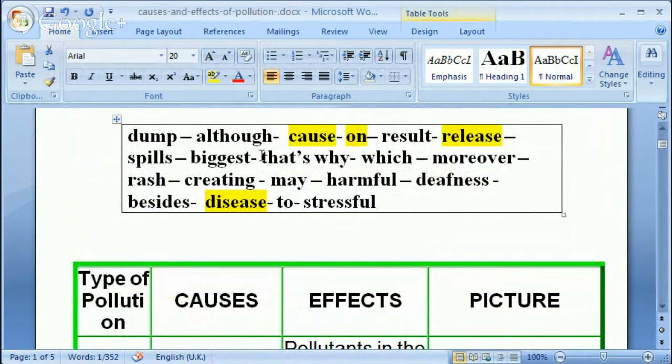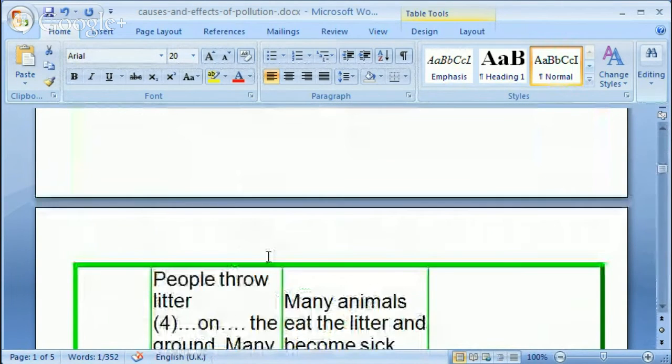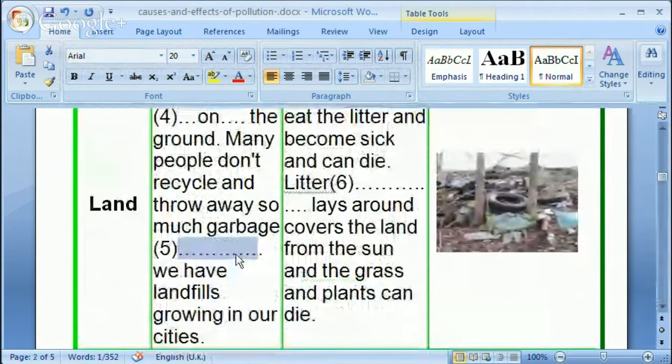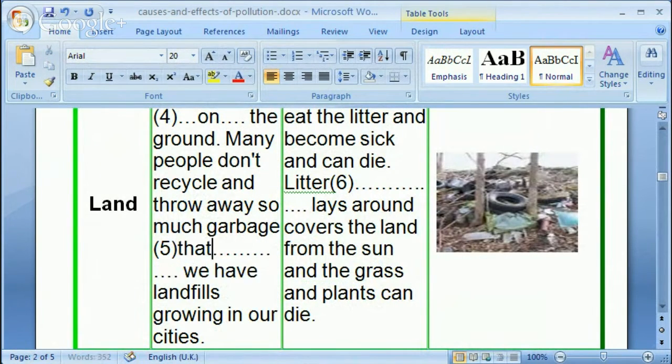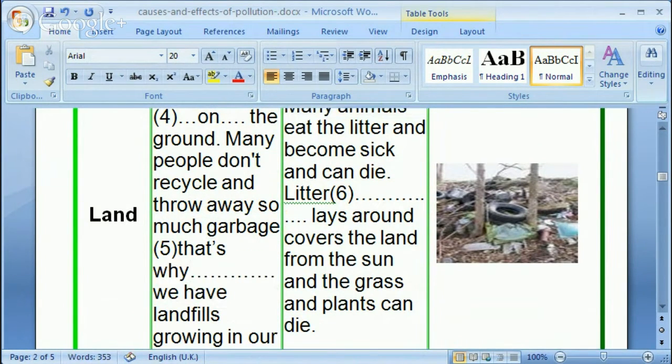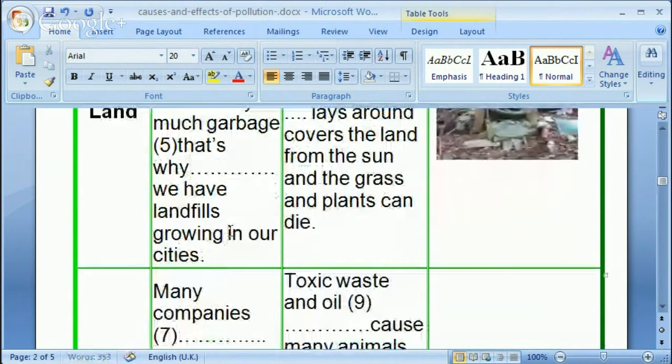Okay, that's why, or which, creating, possibly, but that doesn't make sense. Creating, we have landfill. That's why we have landfills. That's the one that actually makes sense here, grammatically speaking. Why we have landfills growing in our cities.